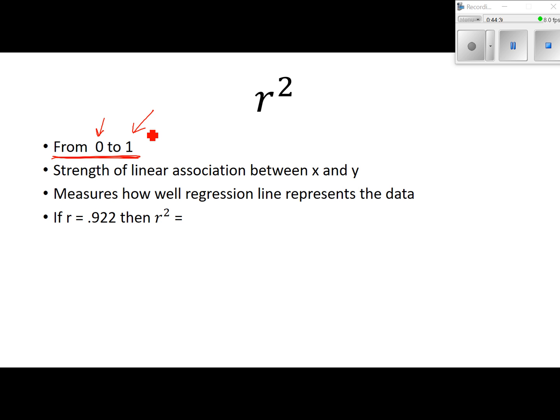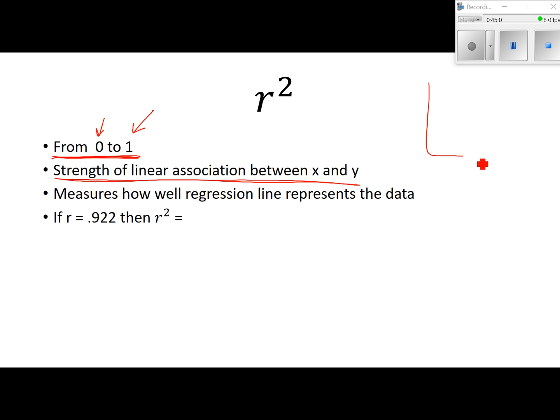Closer to 1 means it's a good prediction of your line of best fit. R squared shows the strength of the linear association between your X and Y. So the closer it gets to 1, the stronger the association between X and Y is. It measures how well the regression line actually represents the data.